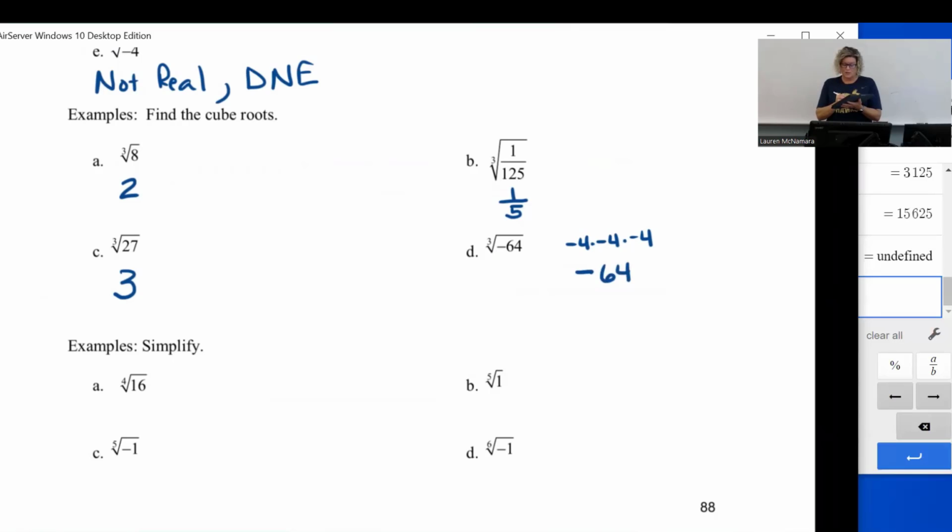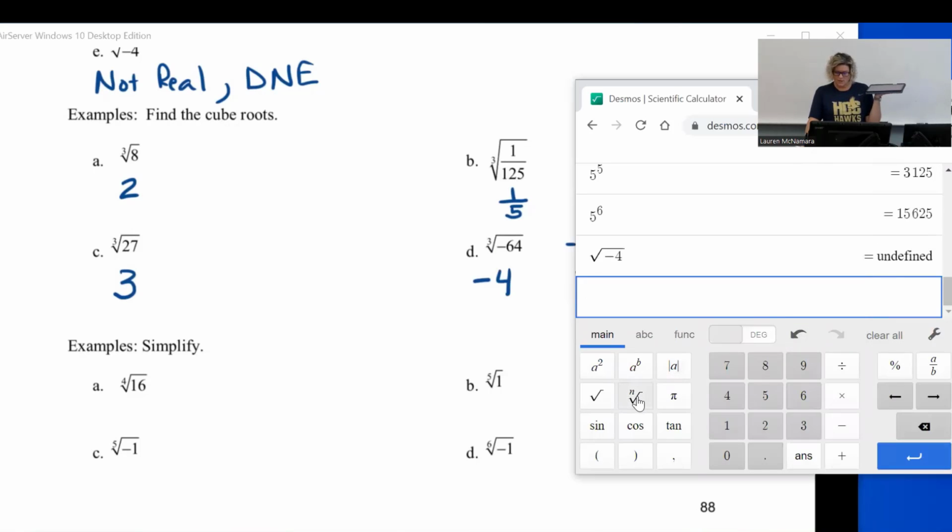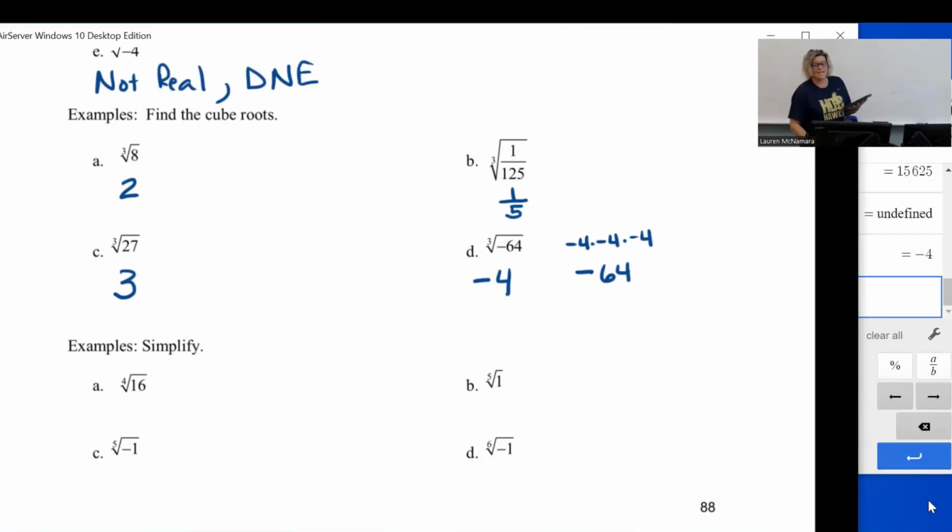So therefore, my cube root is negative 4. So in this case, I can have a negative underneath there. Now let's check what our calculator says. I'm going to plug that in: 3, and then underneath my radical, negative 64. When I press enter, I get negative 4. So that is in the domain.